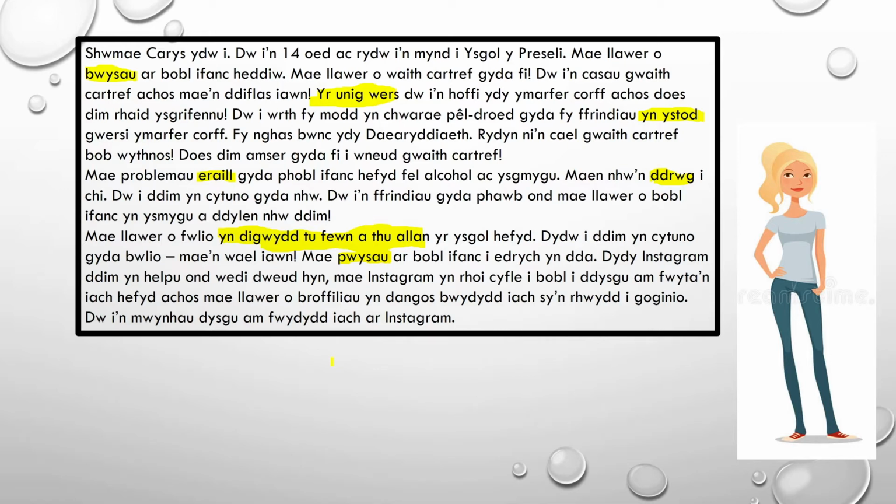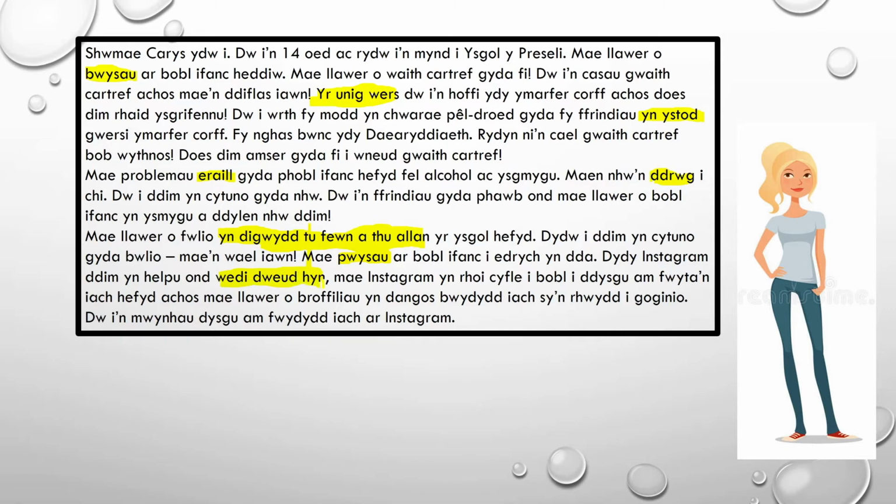Dydy Instagram ddim yn helpu. Ond wedi dweud hyn, mae Instagram yn rhoi cyfle i bobl i ddysgu am fwyta'n iach hefyd, achos mae llawer o broffiliau yn dangos bwydydd iach sy'n rhwydd i goginio. So I'm going to refer you to wedi dweud hyn.